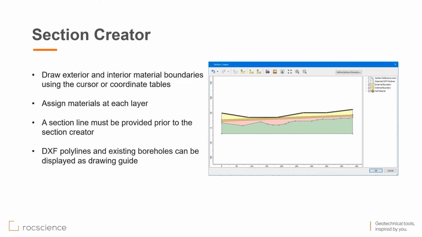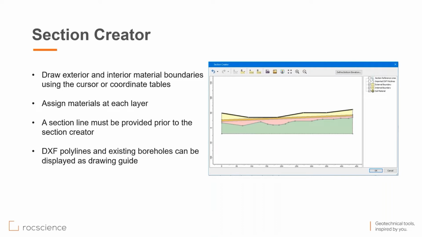In order to make the new soil layer option work better with the traditional layering methods, we developed a new tool called Section Creator to provide an easy way to draw a section. In the Section Creator, as you can see in the screenshot, users can create ground surfaces, also called ground topography, and interior material boundaries. They can be created by using either cursor clicks or coordinate tables.